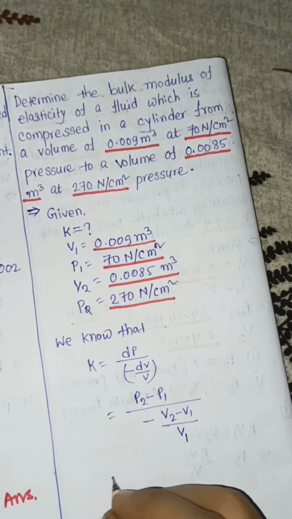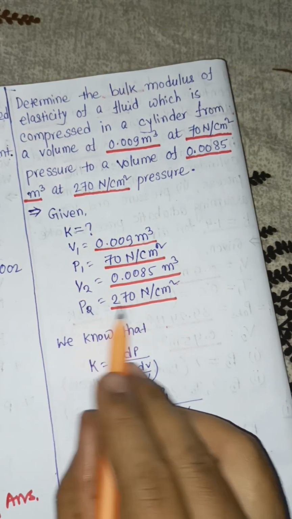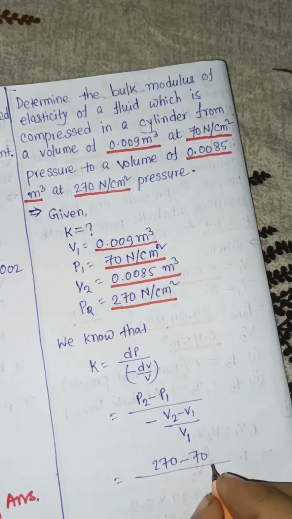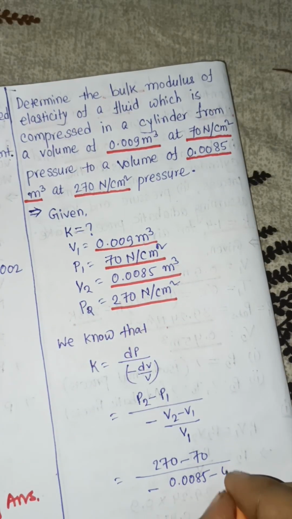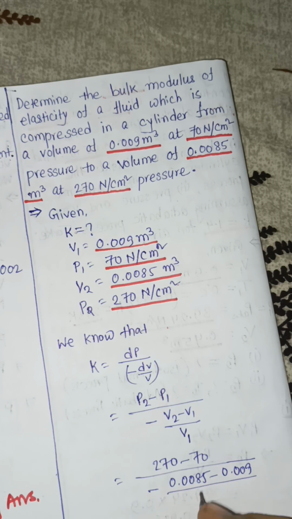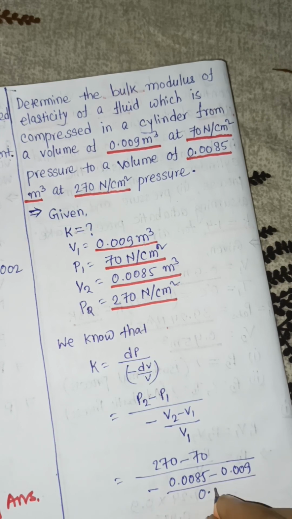Okay. So from here just put the value P2, that is 270, minus P1, that is 70, divided by minus V2, what is the value of V2, that is equal to 0.0085, minus V1, 0.009, divided by V1. What is the value of V1, that is 0.009.